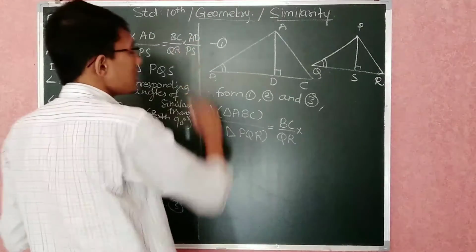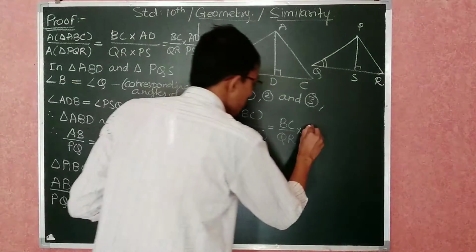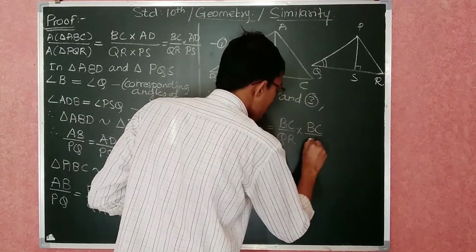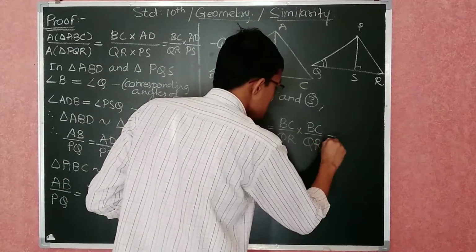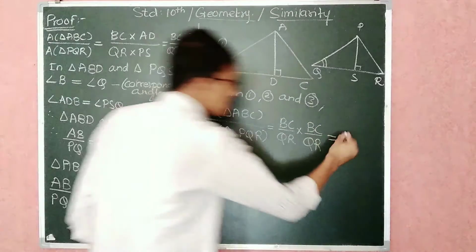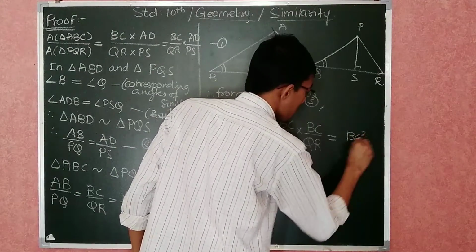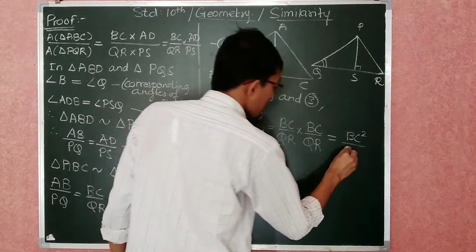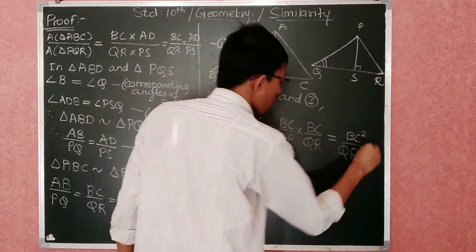So in place of AD upon PS, I am going to write down BC upon QR. That means BC into BC, it is BC square upon QR into QR, it is QR square.